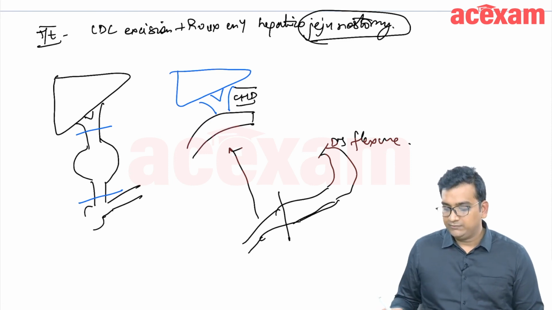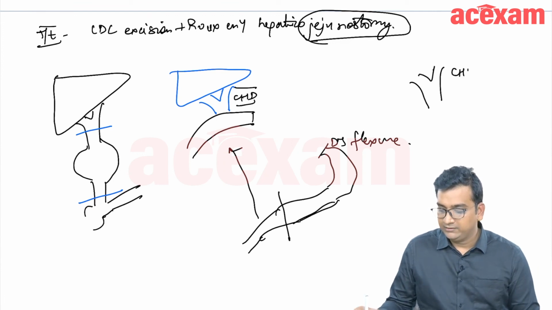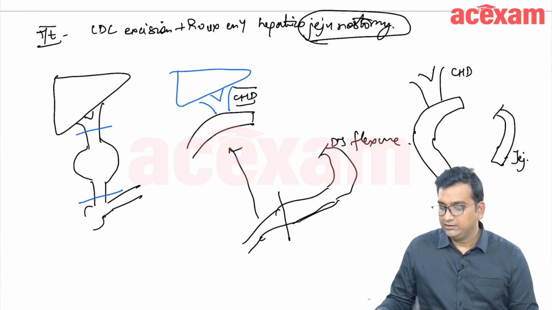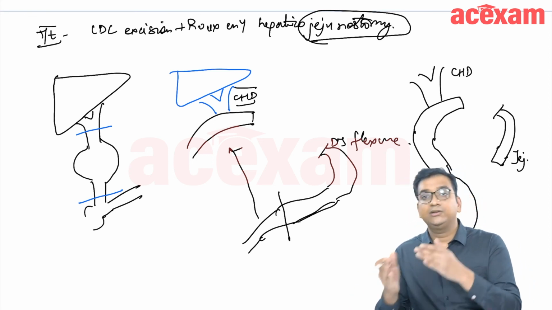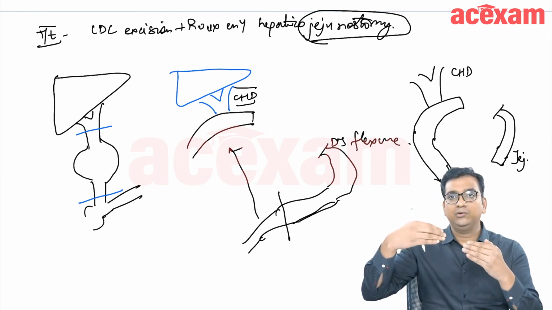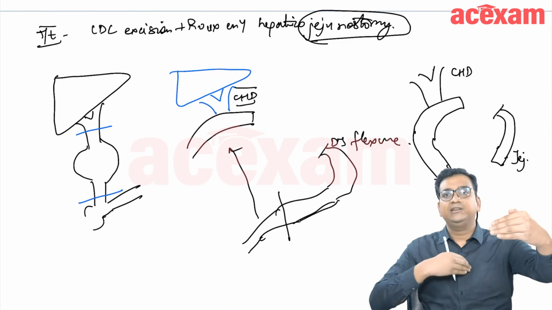This way, in the final picture, there is a common hepatic duct here, then there is a loop of jejunum here, and then there is a stapled end or cut end of the jejunum here. Okay, and the rest of the jejunum is going along with this limb. Because we have divided this jejunum here, now there are two limbs. This limb is going towards the bile duct, and the rest of the intestine is connected with this.